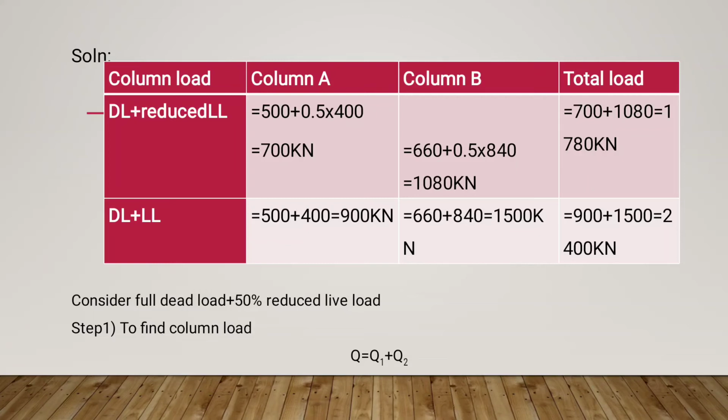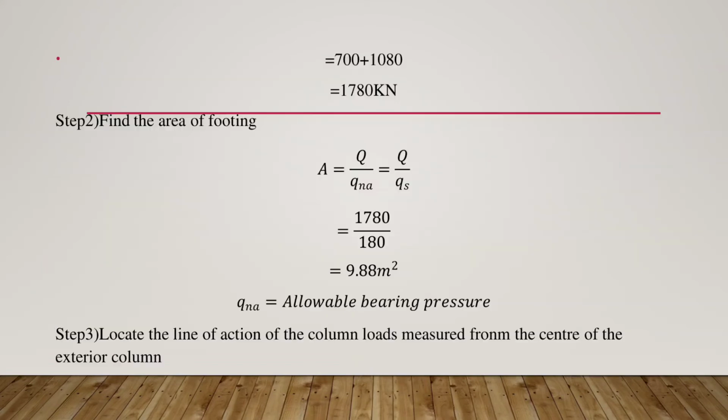So first let us assume case 1, that is dead load plus 50% of live load acting on it. To find the column load, capital Q equal to Q1 plus Q2. We are taking the load on that condition only, that is 700 plus 1080, which is equal to 1780 kilonewton.